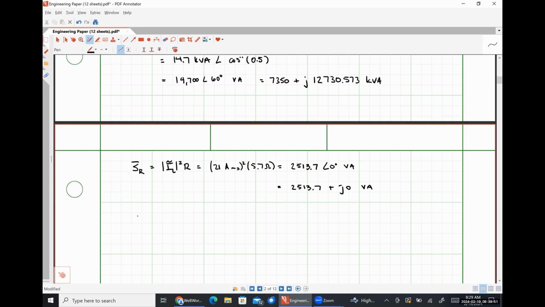Now, I can say that the complex power supplied by my voltage source is simply the sum of the complex power absorbed by my load and the complex power absorbed by my resistor.